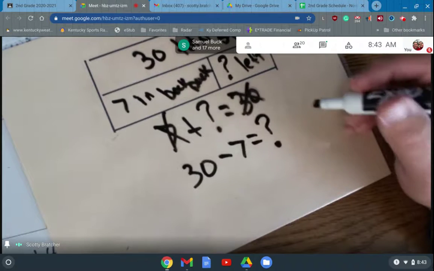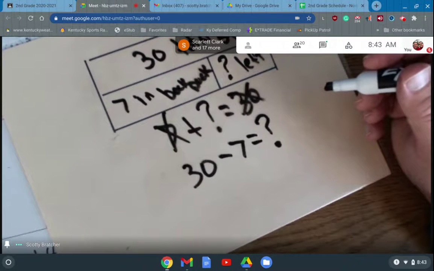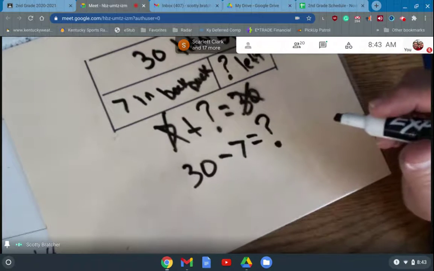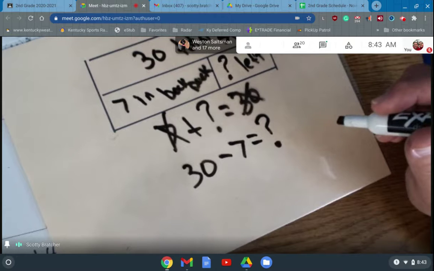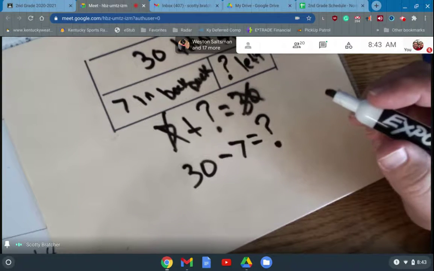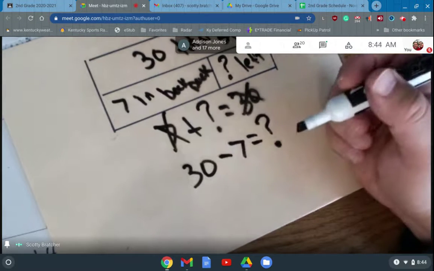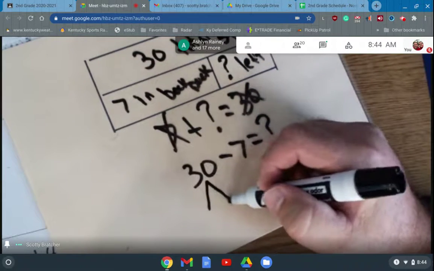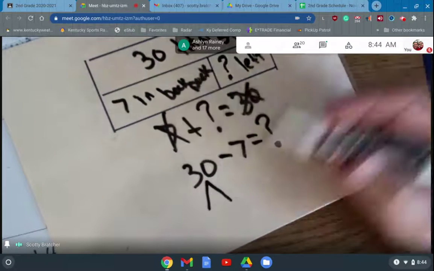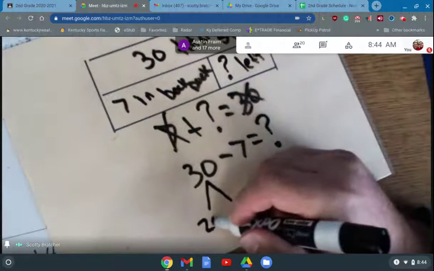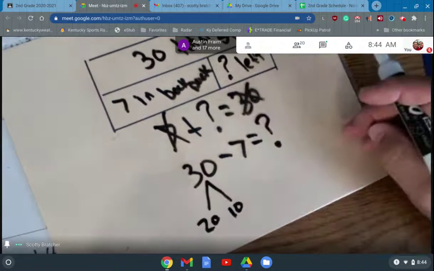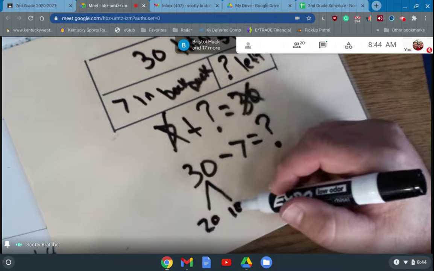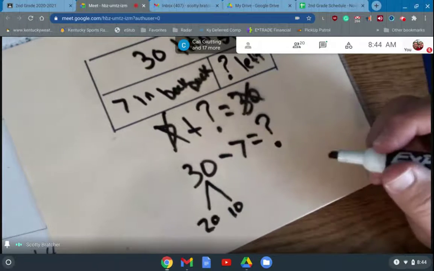Well, there's a strategy that I think today on your review for your math assignment talks about take from 10. Okay, that's what we're going to do here. We're going to take from a 10. We're going to take 30, and I'm going to make a new number bond here for 30. It's called 20 and 10. I can use 10 and take away 7.